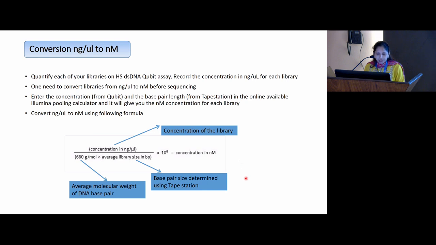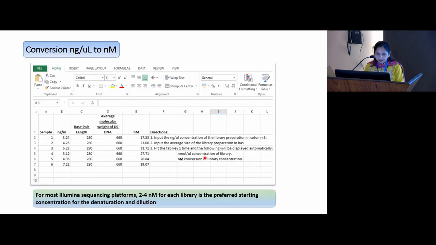You can do it using this formula, wherein this is the concentration of the library in nanogram per microliter. Then 660 grams per mole is the average molecular weight of any DNA base pair. This is the average library size in base pairs, which you can determine using TapeStation. After this calculation, you will get your result in nanomoles.